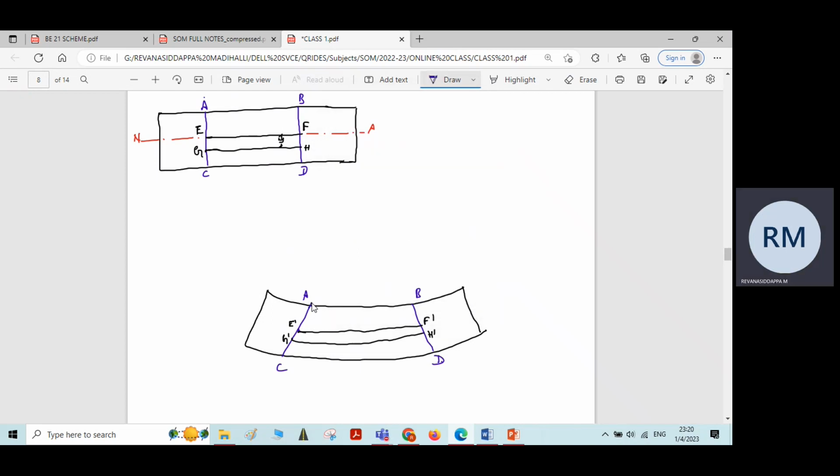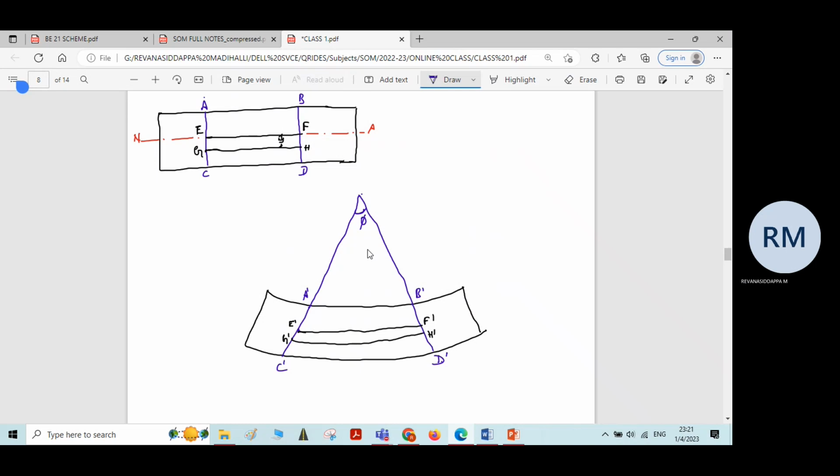Let me extend this line. Let me take this angle subtended between the AC and BD as the angle phi. Let me change the notation as A dash, B dash, C dash and D dash.